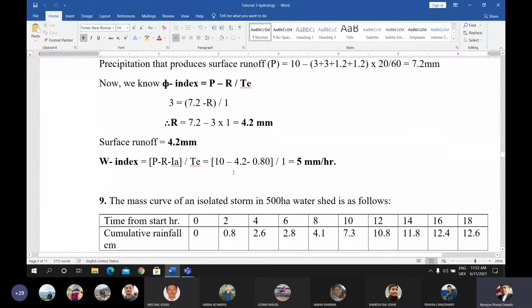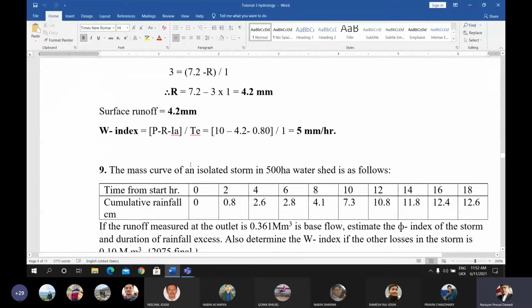Now according to the W index, we know the W index as P minus R minus IA divided by time of excess rainfall. The P is considered for the total depth of rainfall for the W index. It is not considered as the excess rainfall depth. That's why the P value is taken as 10.